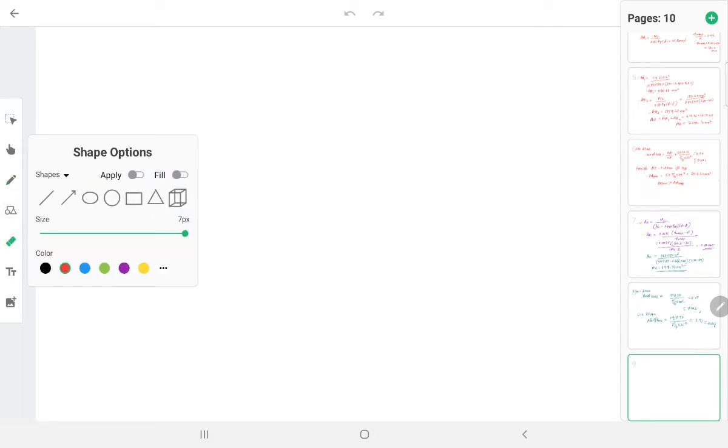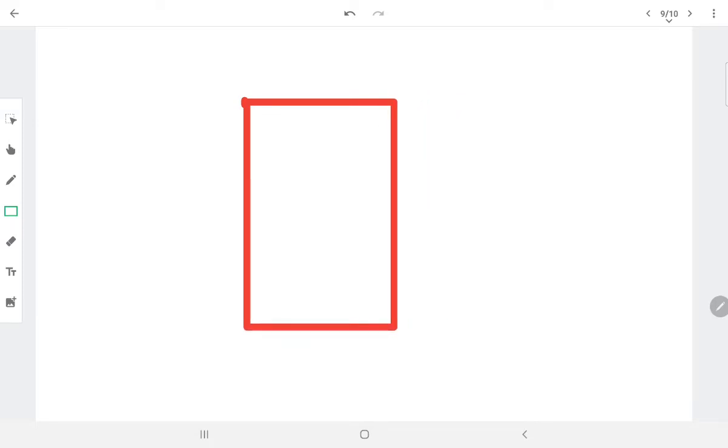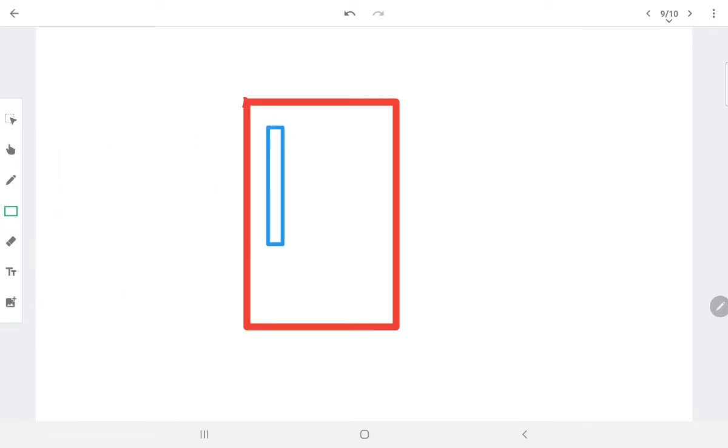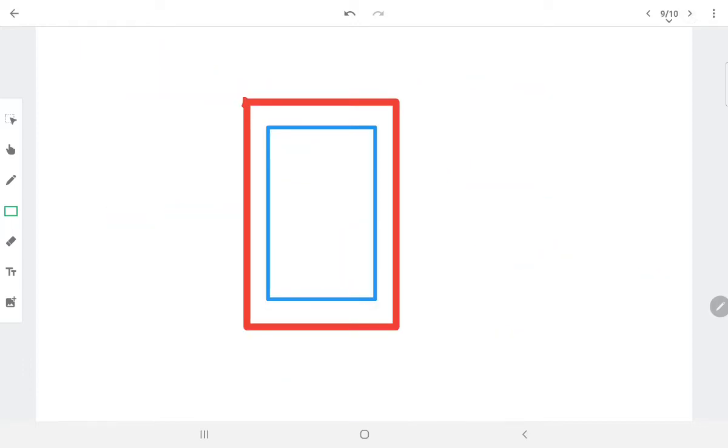So I will be drawing the cross section of the beam. Stirrups we have not yet calculated. It is a cantilever beam, so we got at top 5 number of bars and at bottom 4 number of bars.